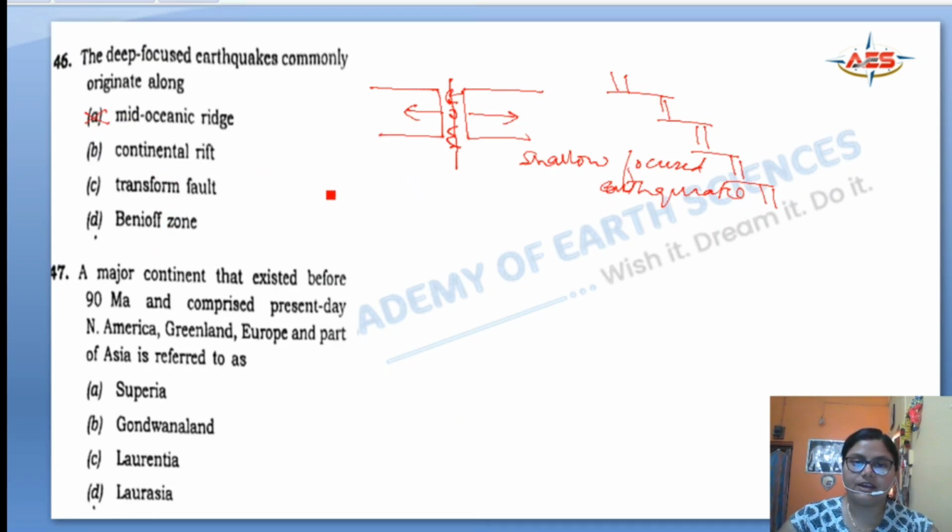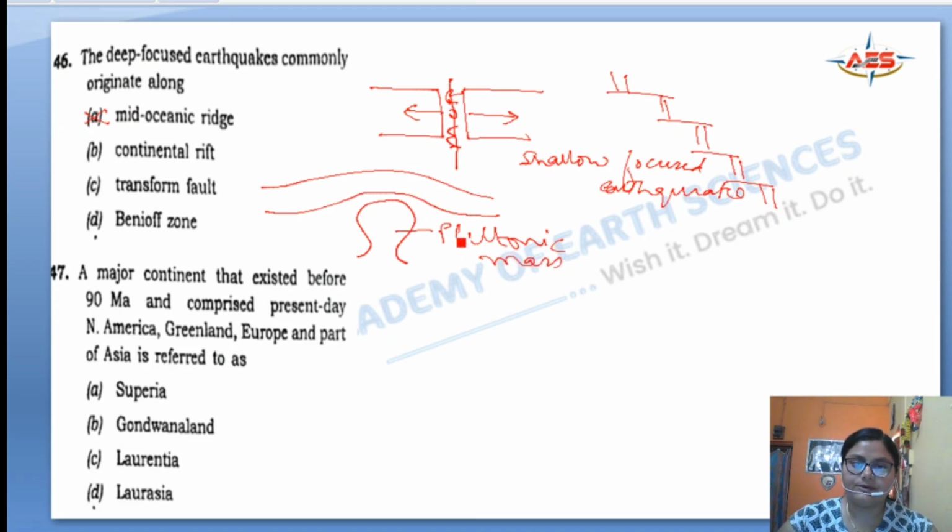What is a continental rift? Generally when there is a brittle rock layer, okay, and a pluton rises up from beneath. When the plutonic mass rises, meaning it comes from beneath the lithospheric plate, it results in lithospheric thinning.